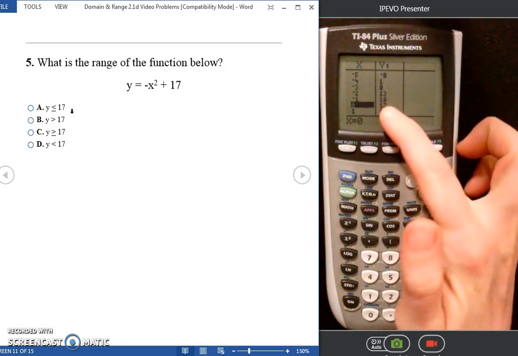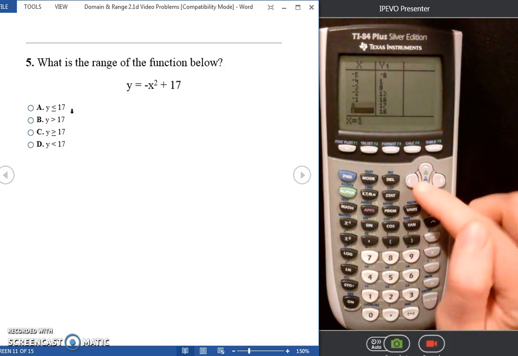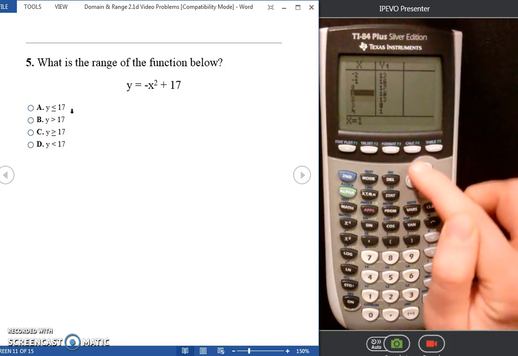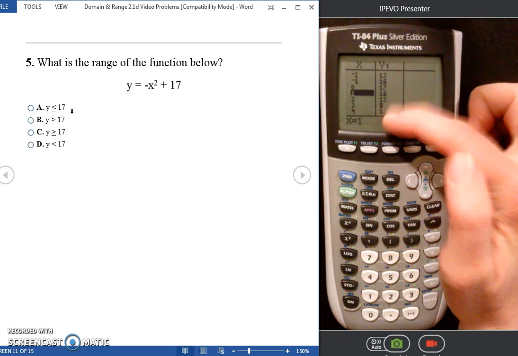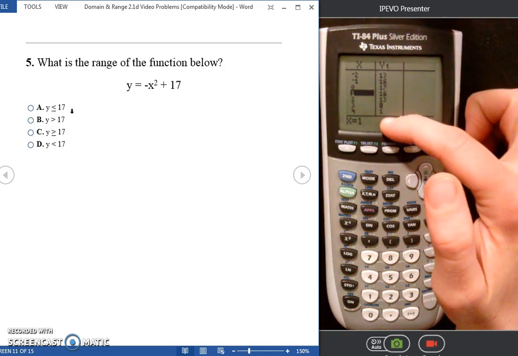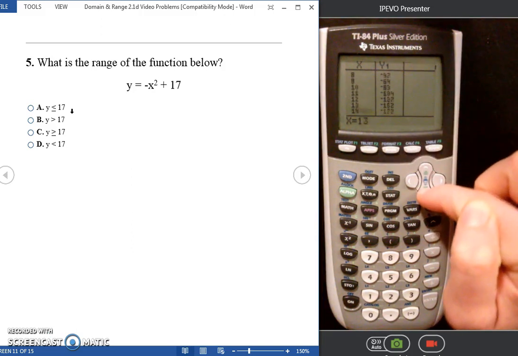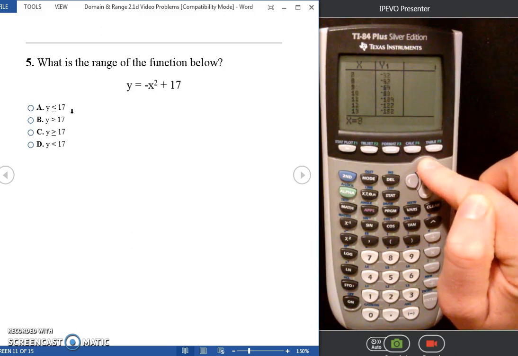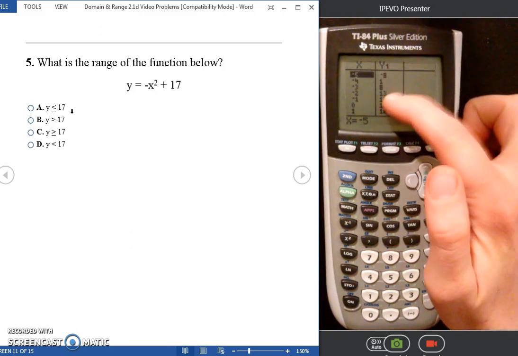So at 0, I see that there's a 17 in my y column. And from there, I see that as I go greater than 17 or down the column, those numbers are getting smaller. And they just keep going smaller, they get more and more negative. And as I go up from that 17 in the column, the same thing happens.